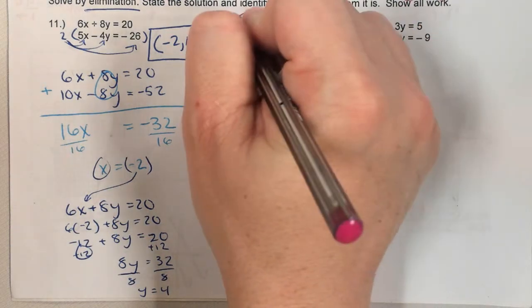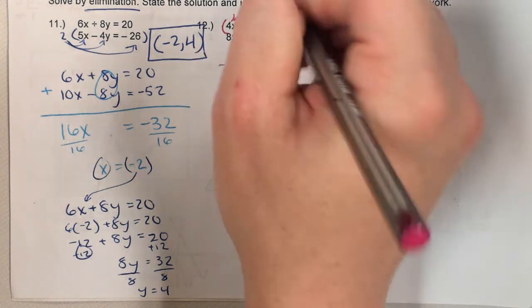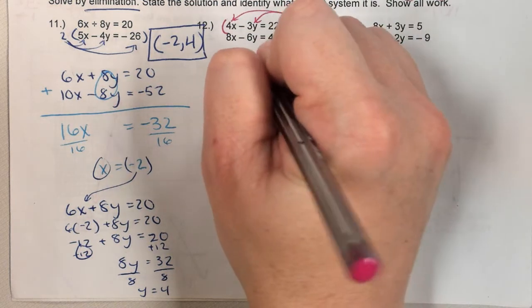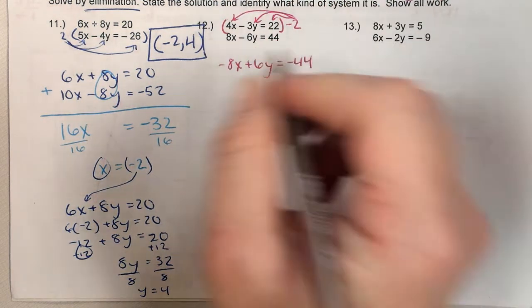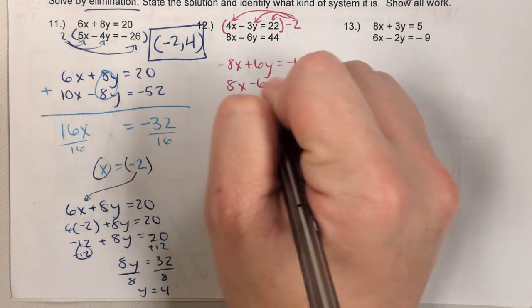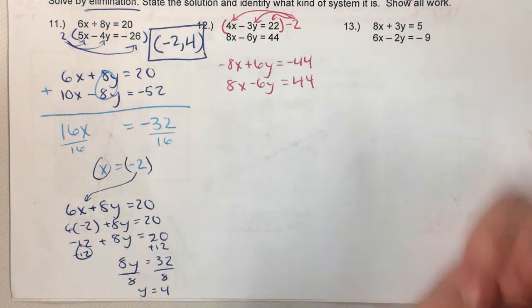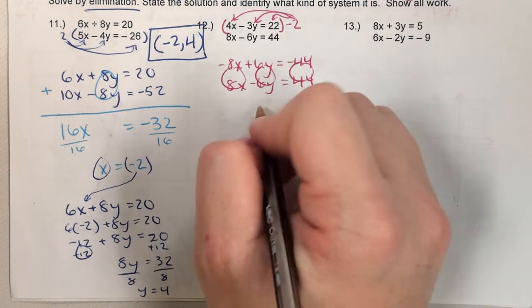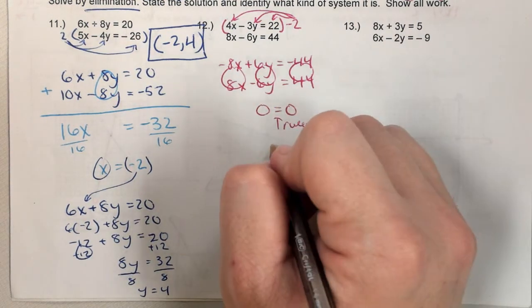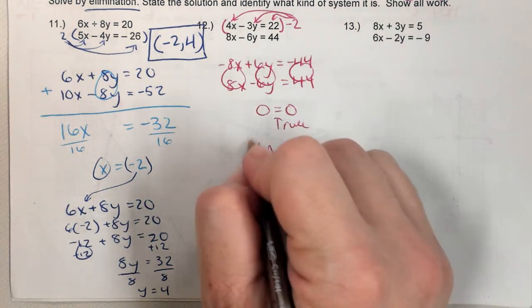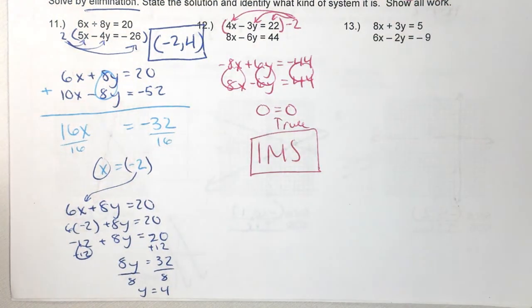So that gives me negative 8x plus 6y equals negative 44. Well, when I rewrite that other equation, what happens? They all zero out. And it gives me 0 equals 0, which is true. Therefore, my solution is IMS, infinitely many solutions.